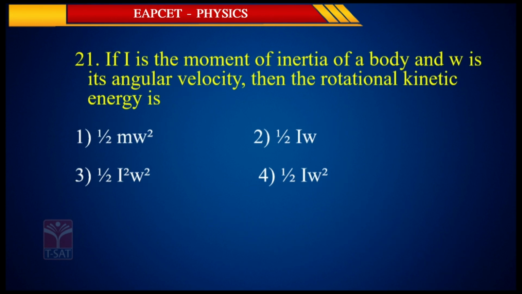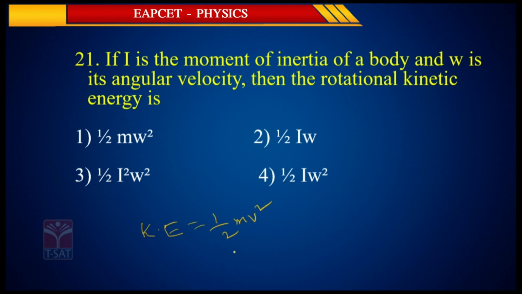Next, here you know that. Here question number 21. See, children, if I is the moment of inertia of a body and omega is its angular velocity, then the rotational kinetic energy is, here you know that, children, kinetic energy is equal to half mv square.